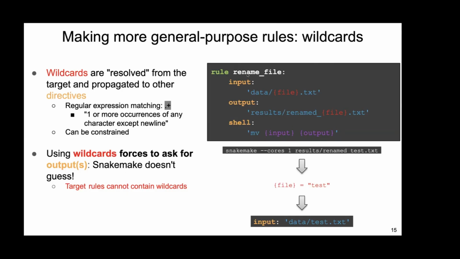In this case, the rule rename file produces a string that is results rename underscore something.txt. And this something is flexible in the way that it can take the value it needs for this string to match this pattern here. In this case, the wildcard file would take the value test, and that would then be propagated to the input, and then the input would be data test.txt.